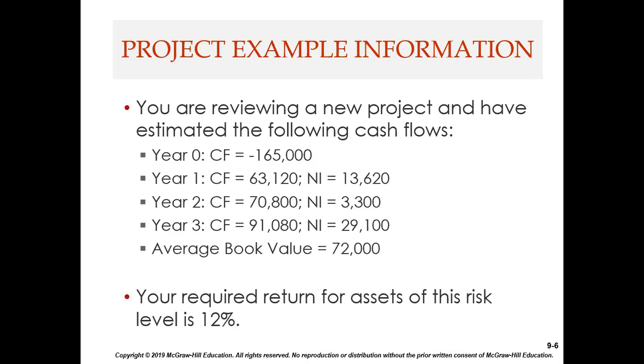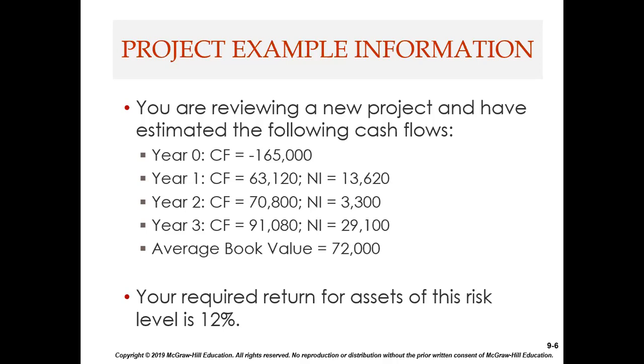So let's say you have the following. You are reviewing a new project and have estimated the following cash flows. $165,000 you're going to have to expend today. Your cash flow the first year will be $63,120.